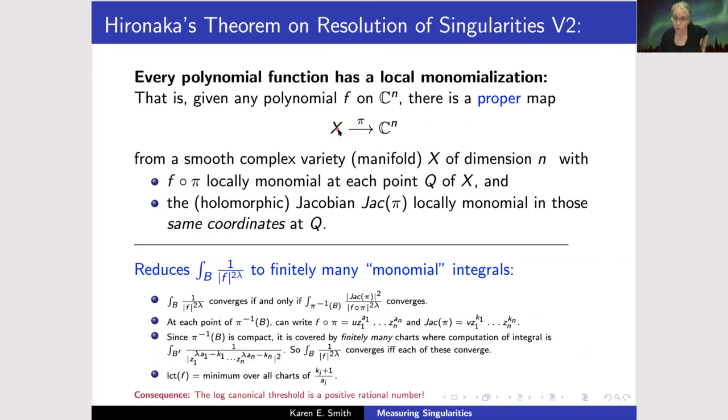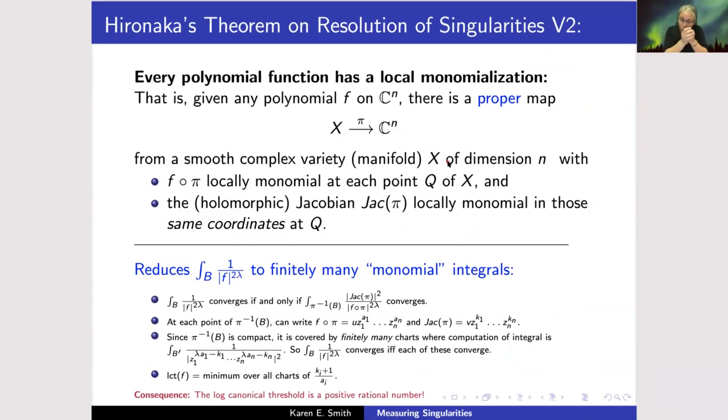It's actually a smooth complex variety of the same dimension such that when I look at the pullback of that function, so I consider the composition, f is a function on Cn, I look at the function, first apply pi, then apply f, this is a locally monomial function on x.